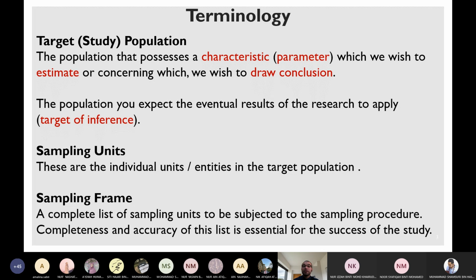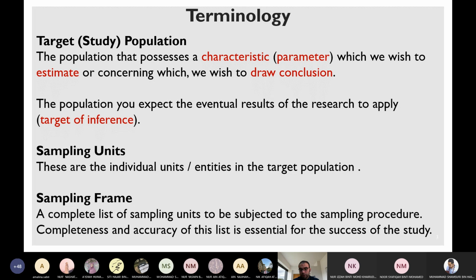So the population you expect the eventual results of your research will apply to can benefit, because you already represent all of them, in case you follow an excellent sampling technique that satisfies the representativeness objective.